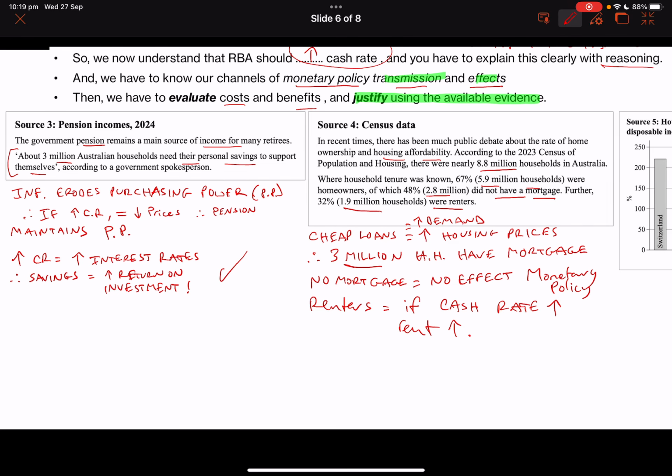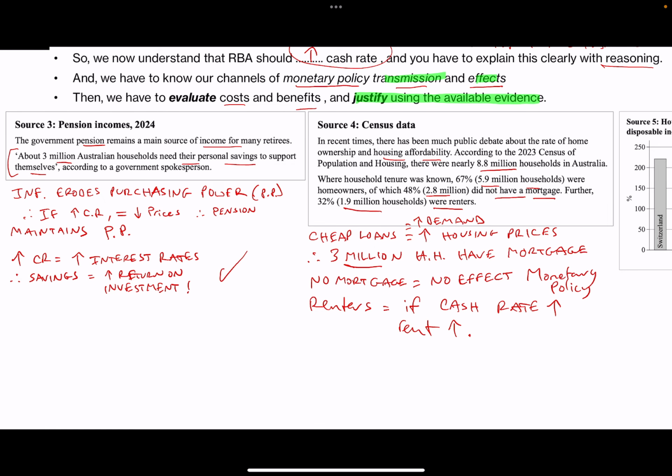The rent-seeking individuals who hold investment properties, whenever there's an interest rate rise, tend to pass it on to the renter, to the consumer. And that's something we've seen recently. You might have seen a lot of that in the news at the moment, where renters in Brisbane are seeing their rent go up, and landlords are saying someone's got to pay the cost for my extra mortgage. And what happens is it ends up with the renters.